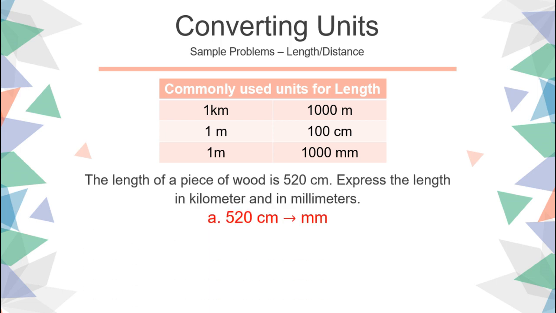Next, 520 cm to millimeters. Again, copy the given and look for a factor. We have 1 meter over 100 cm. Since our given unit is cm, cm goes at the bottom, and its equivalent, 1 meter, goes on top.